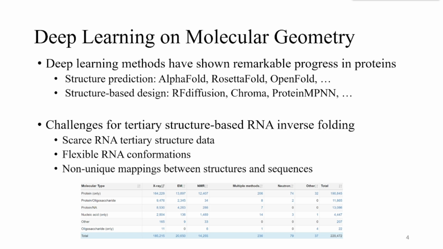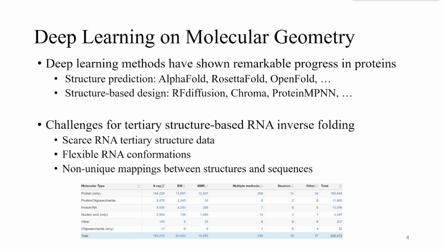Deep learning methods have achieved great performance. For example, the protein structure prediction tool AlphaFold can regularly achieve accuracy competitive with experiment. The protein structure design tool RFdiffusion can generate novel proteins that bind to target molecules.